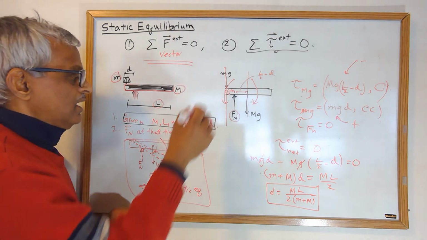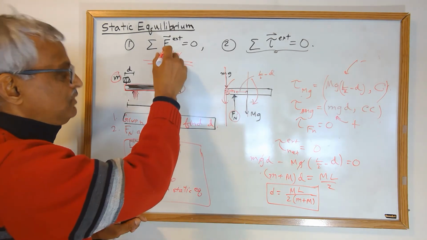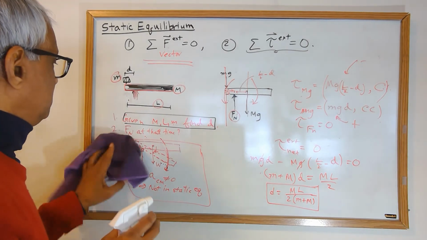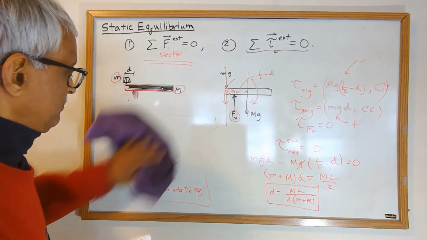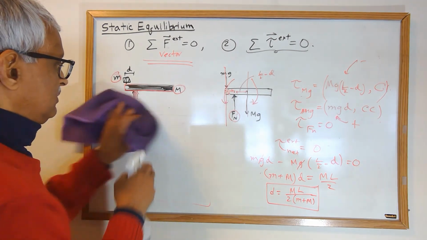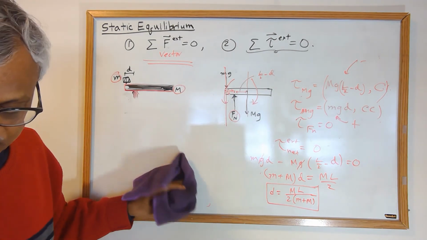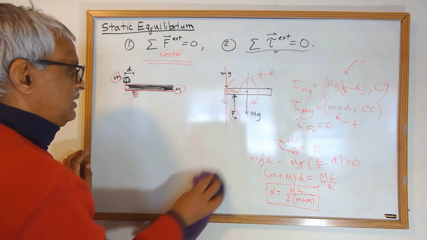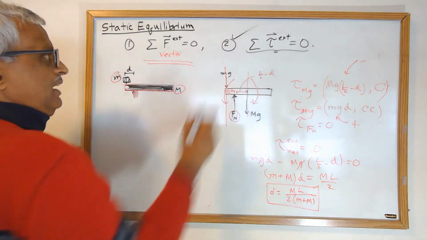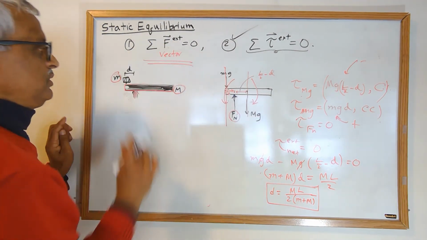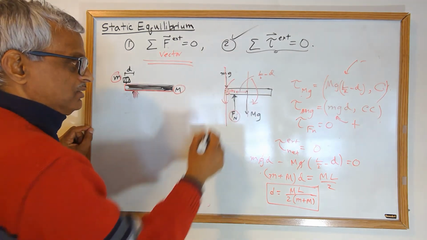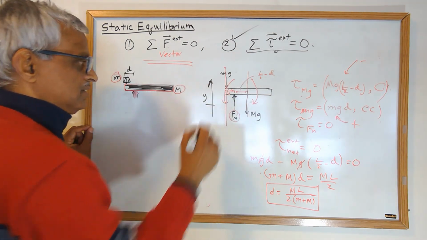To find the normal force, I will have to use that. Let me illustrate the use of it in this problem. By doing the torque equation, I got that. Now I will have all the forces along the y direction, so I can take this as the y-axis.